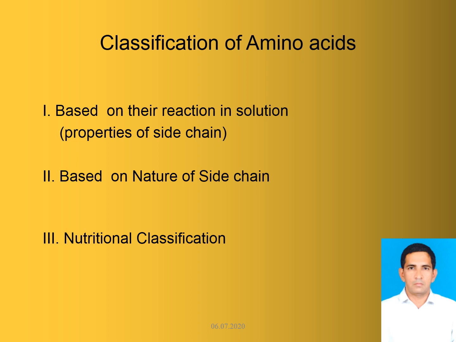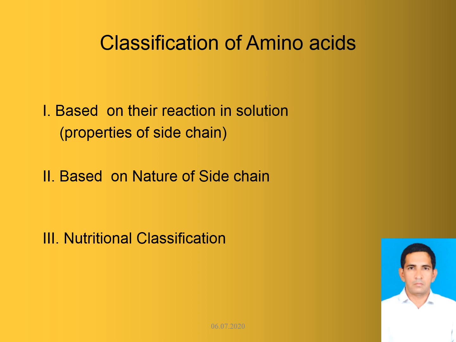Arginine and histidine are called semi-essential amino acids as they can be partially synthesized in the human body. Arginine is not essential for adults; histidine is not essential for adults.